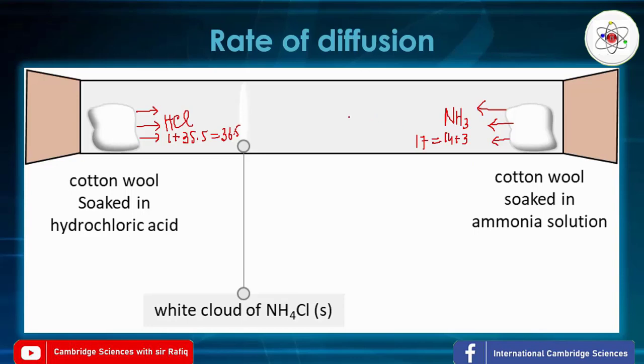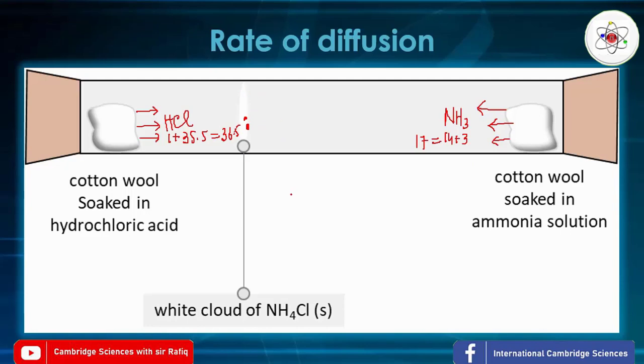By the time ammonia particles reach this point, HCl could hardly reach the same point because it moved slower because of its greater relative mass, or because of heavier particles. What is the indication?